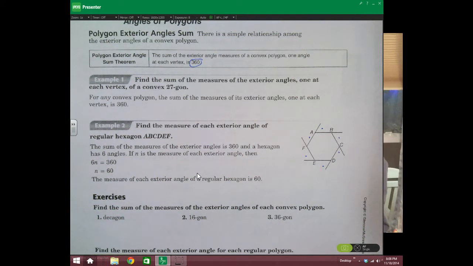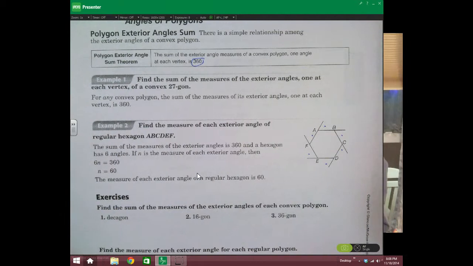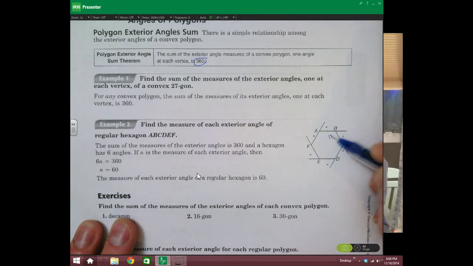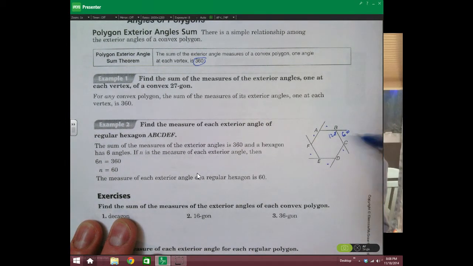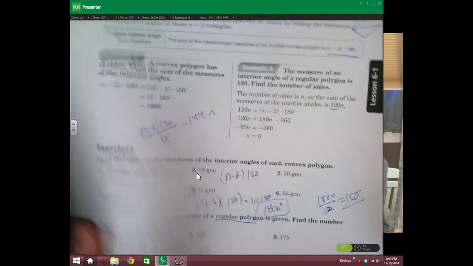So if we could figure out the measure of an exterior angle, we can divide 360 by that much more quickly. For instance, in a regular hexagon, each angle on the inside is 120 degrees. Each angle on the outside then is 60 degrees because they make a linear pair together. So 360 over 60 is 6 sides. Much easier problem to do. So that's the way I suggest you do something like number 11.